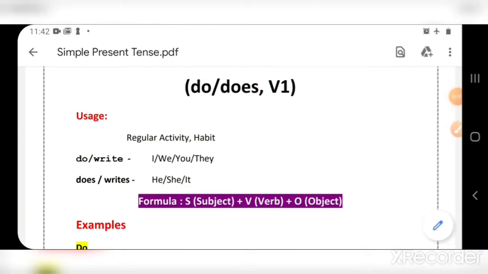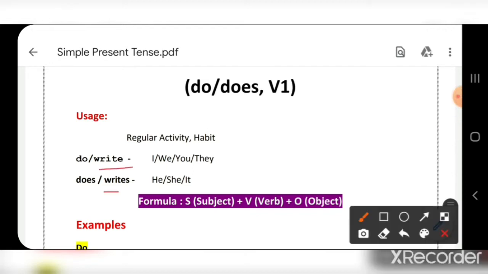Now we will learn the difference between write and writes. Write is plural verb which again goes with these subjects: I, we, you, they, he, she, it. These are subjects. Out of these, we have made two groups between them, according to the verb form.